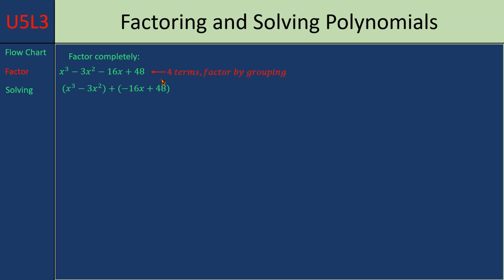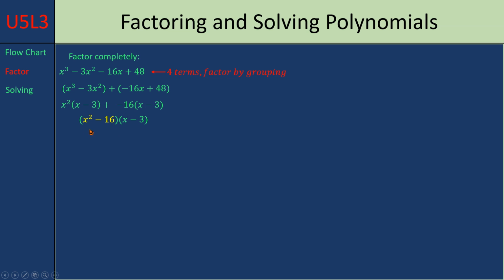So you group the first 2, group the last 2, take out the GCF. So here I can take out x squared, and here I take out the negative 16. So there it is. I have this. x minus 3 is the same, so I can just group this now. So x squared minus 16.